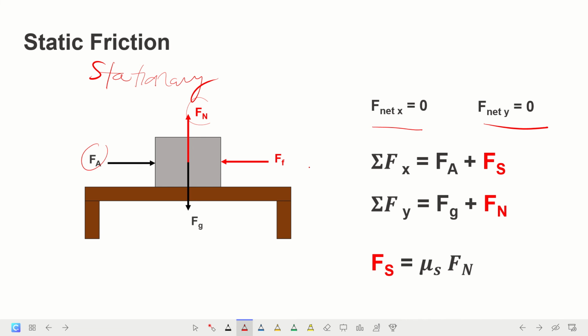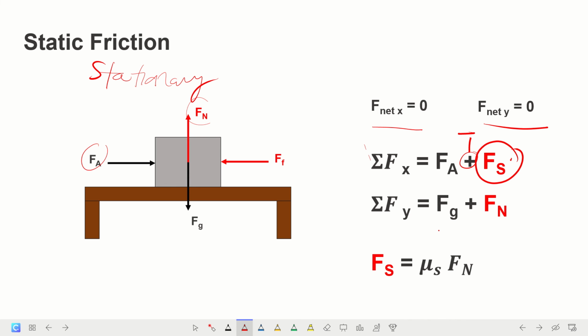But we know, class, since they are oppositely directed, instead of adding, we're going to subtract. So therefore, this will be the net force acting along this horizontal: Fa, the applied force, minus the static friction. So static friction because the object did not start moving. So it just remained stationary.